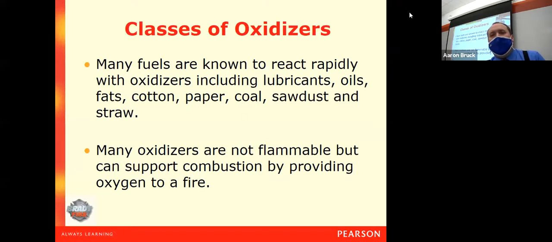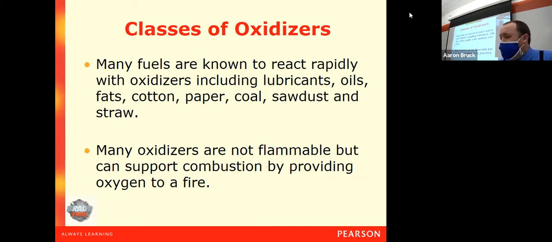Okay, so we move away from just simply identifying oxidizers, identifying reducers, defining the terms, to actually looking at classes of oxidizers and ways that we can classify them based upon their relative reactivity. Now, in terms of combustion, we think of oxidizers and fuels.